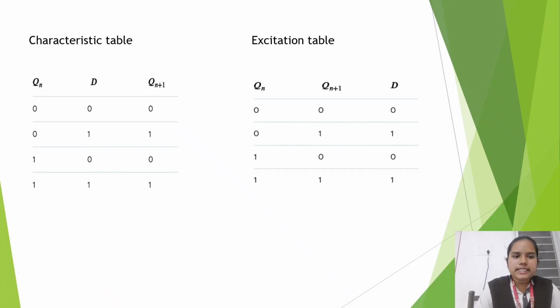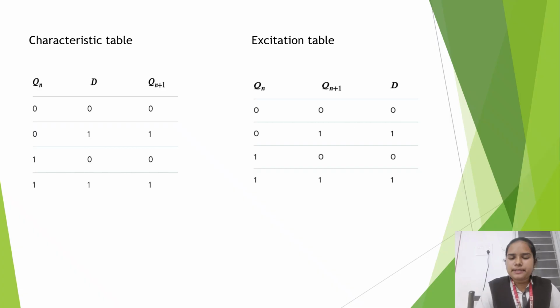Here we see the characteristics table. Qn equals present state, D equals input, and the next state will be Qn plus 1. Here we apply Qn equals 0, D equals 0, Qn plus 1 equals 0. Qn equals 0, D equals 1, Qn plus 1 equals 1. Qn equals 1, D equals 0, Qn plus 1 equals 0. Qn equals 1, D equals 1, Qn plus 1 equals 1.